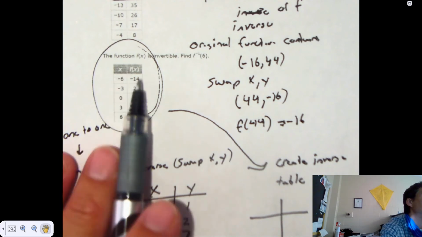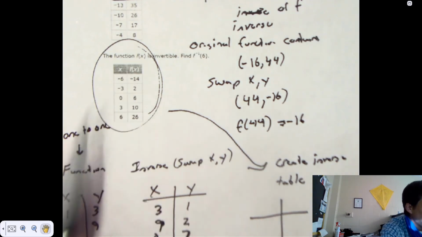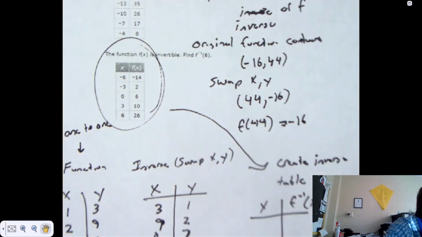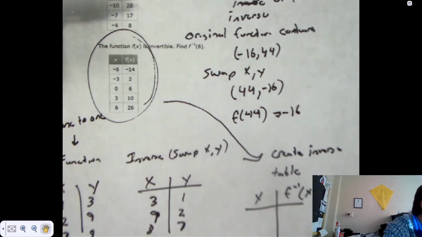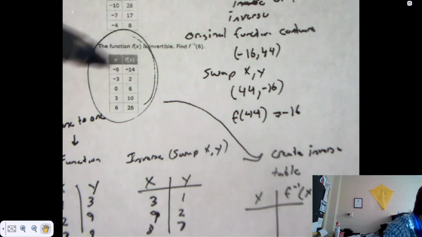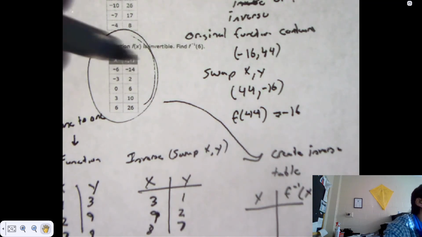So this first ordered pair, negative 6, negative 14, what's the row for the inverse table? This first row for f of x is negative 6, negative 14.